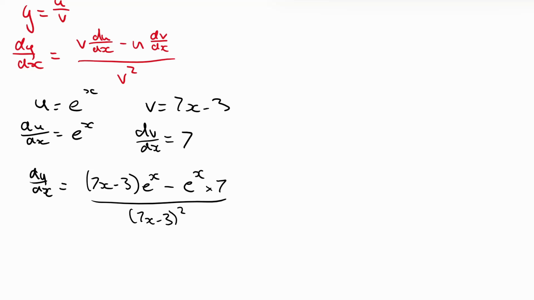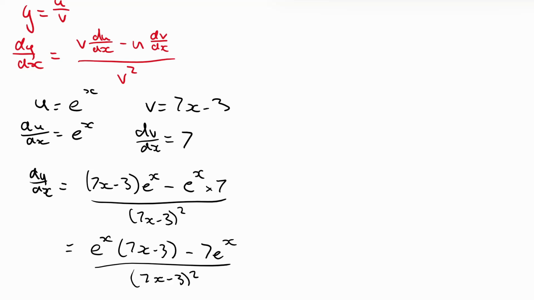And I can simplify that a little bit just to make it a little bit tidier. So we get e to the power of x times (7x minus 3) minus 7e^x, over (7x minus 3) squared.